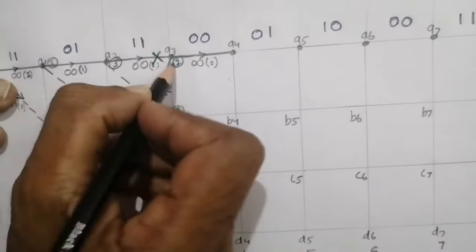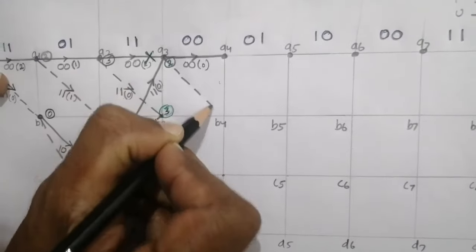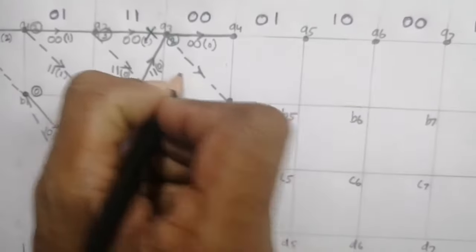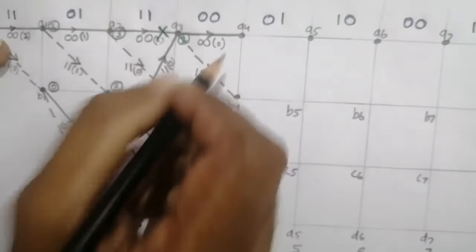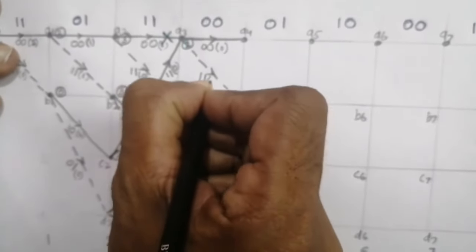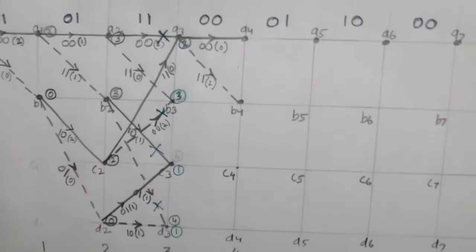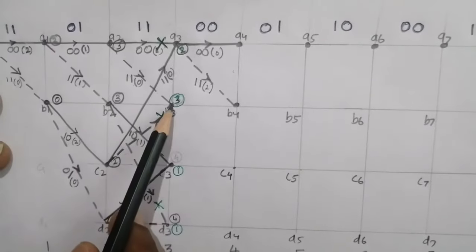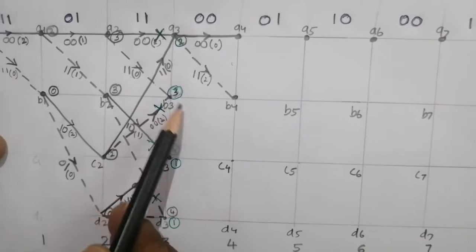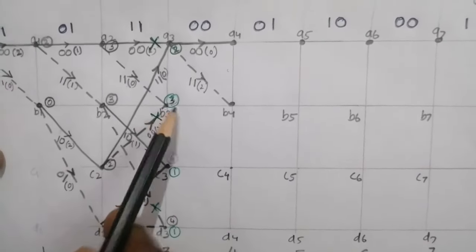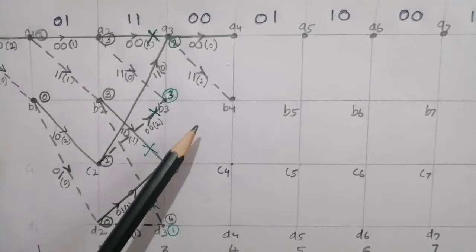If 1 comes, the output is 1 1. The discrepancy is 2.